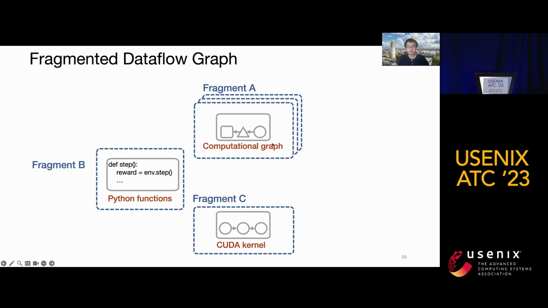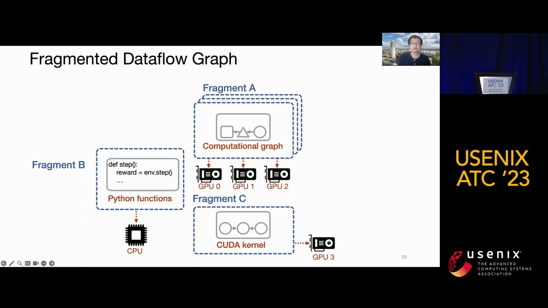And those fragments can be executed on different devices. So for example, fragment A can be executed on GPUs, and fragment B we will assign to CPUs since it's a Python function. And again, we will assign fragment C to the GPU since it's implemented using CUDA.